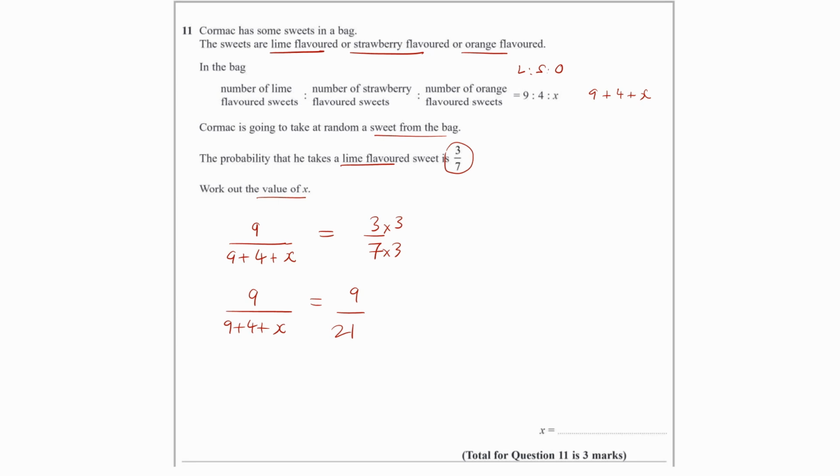Therefore, 9 plus 4 plus X equals 21. That means X equals 21 minus 13, which equals 8. And X equals 8.